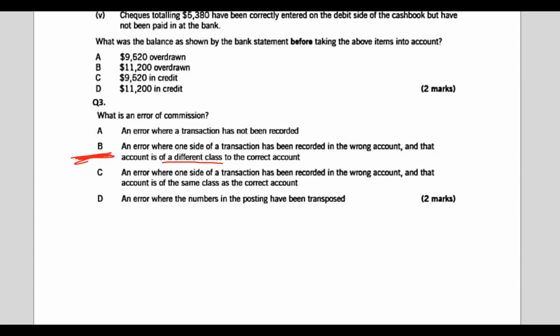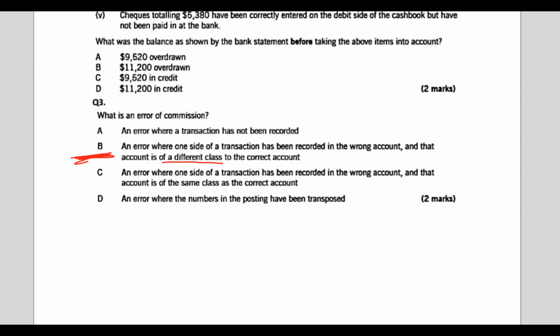Okay. Can you define for us what the error of original entry is? Okay, so this is the error where one side of the transaction has been recorded in a wrong account, and that account is of a different class to the correct account. Interesting. It's an error of principle.